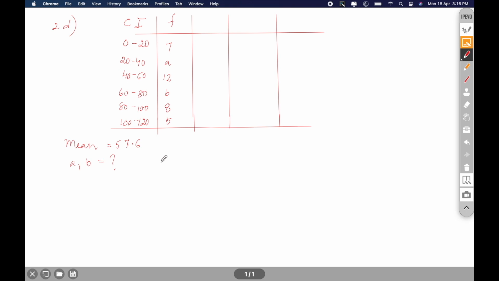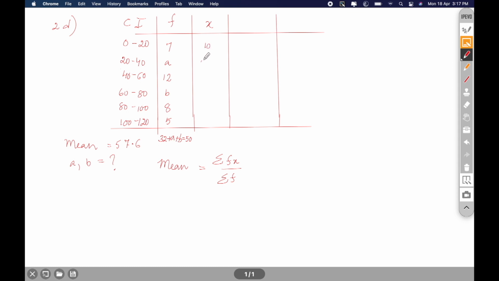So in order to use the formula for mean by direct method, which is the easiest method, it is summation fx divided by summation of f. So when we add the frequency column, we have 32 plus A plus B, which is equal to 50, because the question says it is for a group of 50 students. So total frequency is 50. Next, we need a column for the class marks, that is the mid value of the upper limit and the lower limit of each class interval.